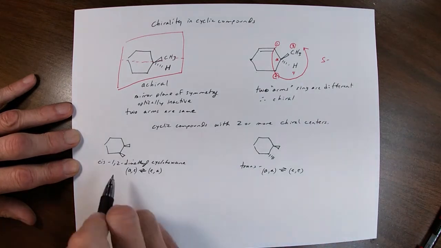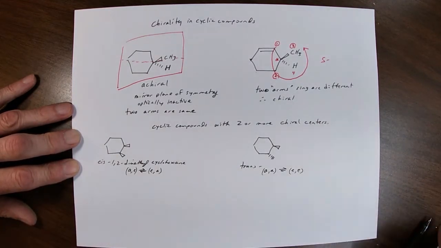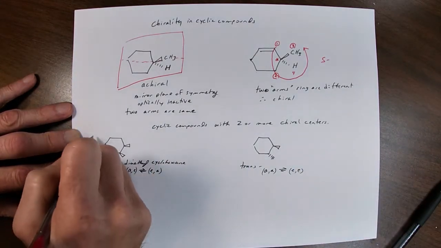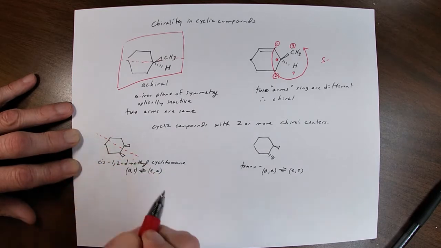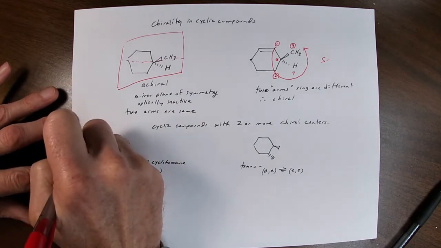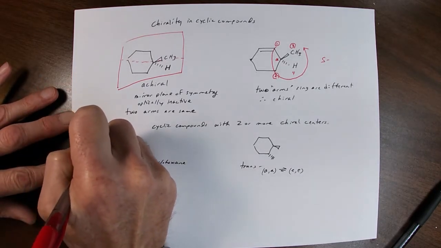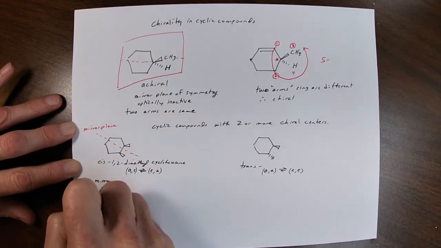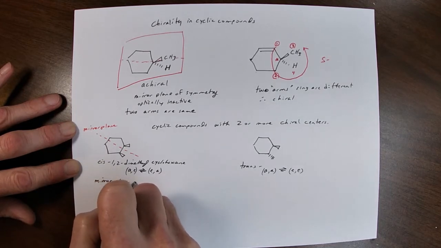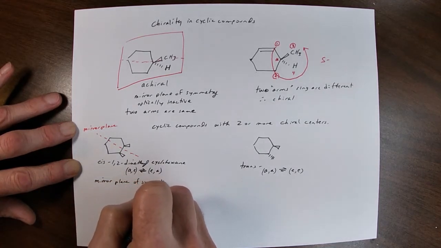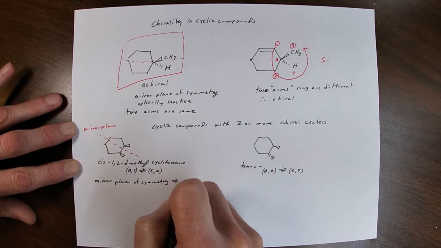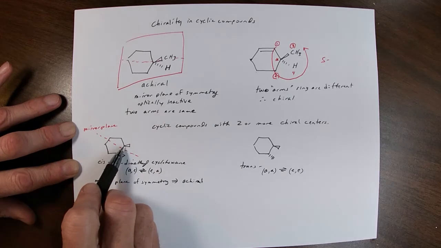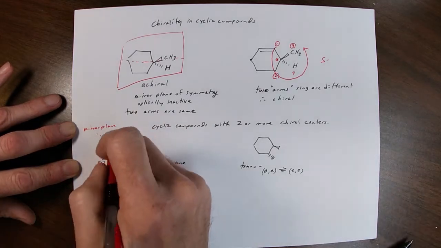Okay. Now on the cis, there is an internal mirror plane of symmetry that essentially divides the molecule in half right there. So here's my mirror plane. Now, because it has a mirror plane of symmetry, that tells you that it is achiral, even though it contains 2 chiral centers.